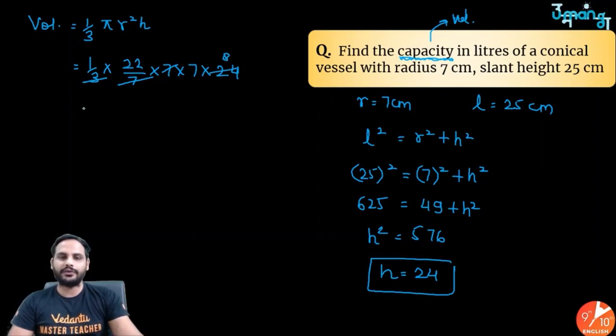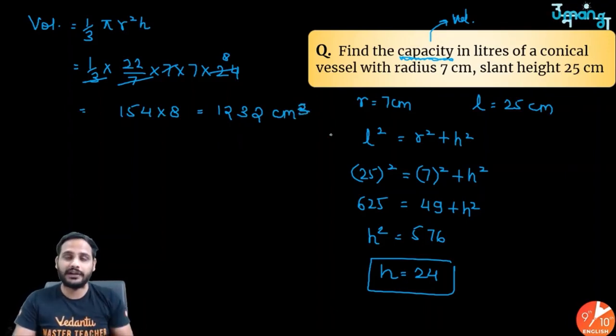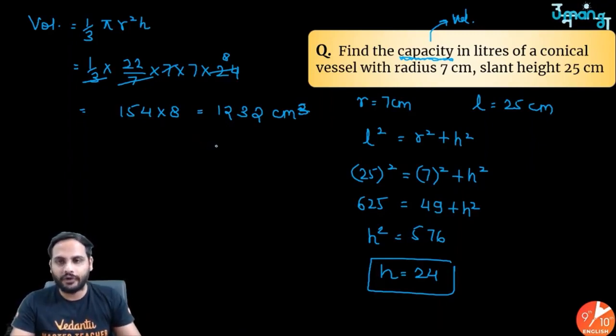So 22 into 7 is equal to 154, into 8, which is equal to 1232 centimeter cube. One more thing: the units of volume are cubic units, centimeter cube, meter cube, like that. So this is the volume of this conical vessel, 1232 centimeter cube.